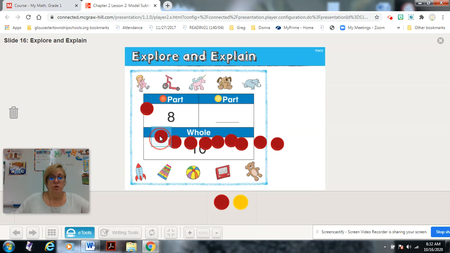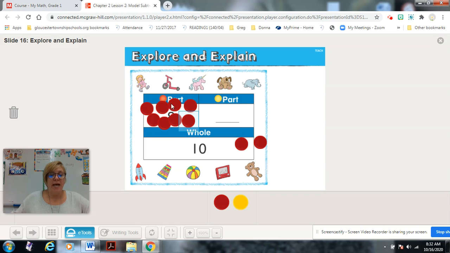1, 2, 3, 4, 5, 6, 7, 8. So that's what he has out around him that he's playing with, Marty. So the question is, how many toys are left in the toy box?